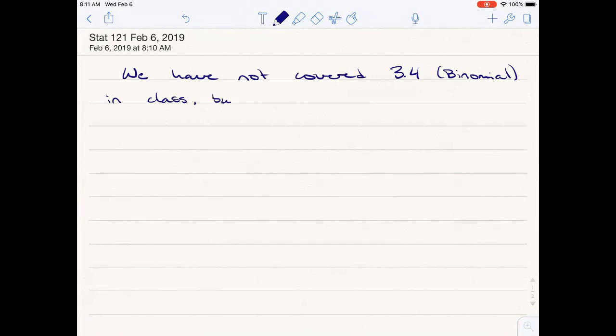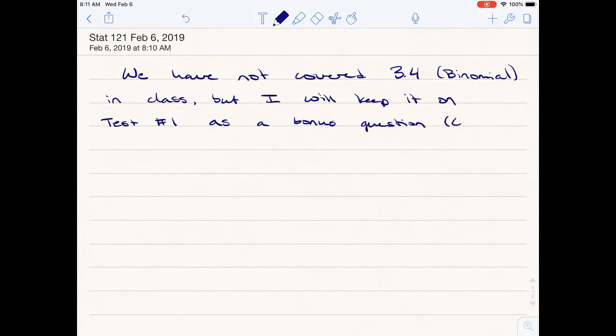We have not covered 3.4, which is the binomial, in class, but I will keep it on test 1 as a bonus question for 6 marks.